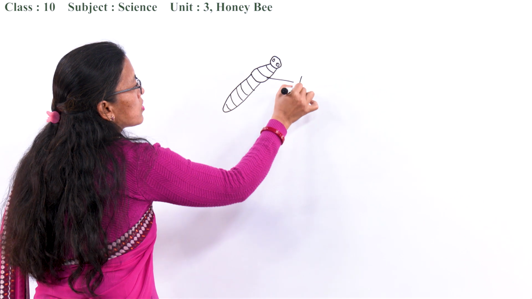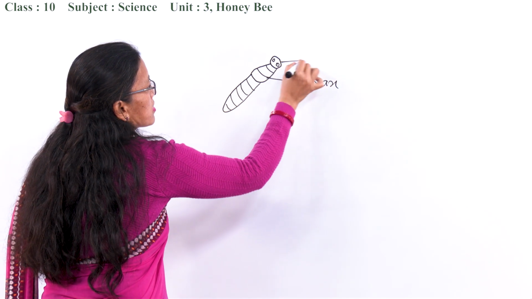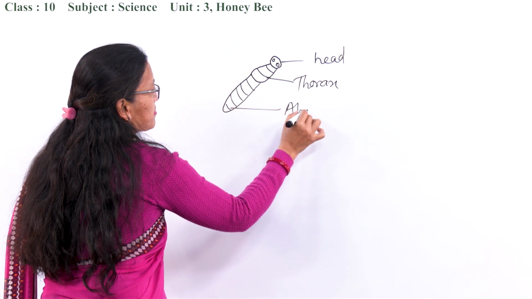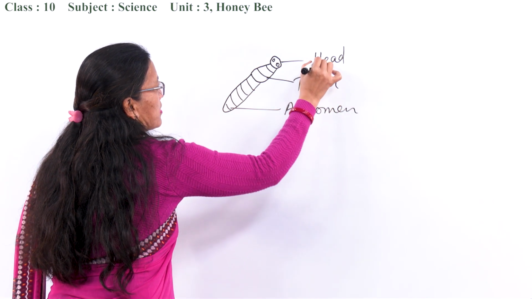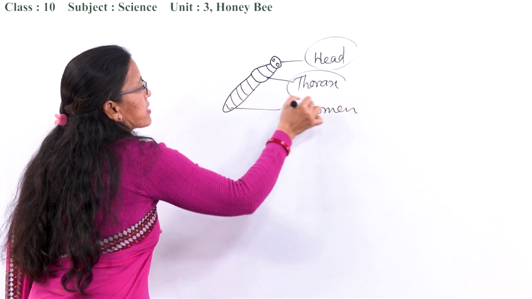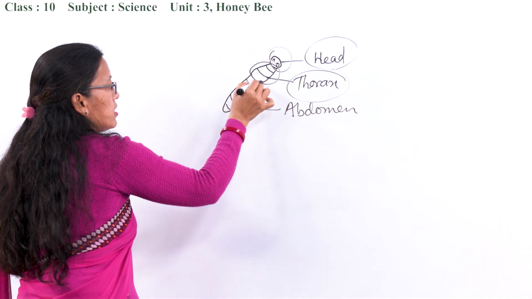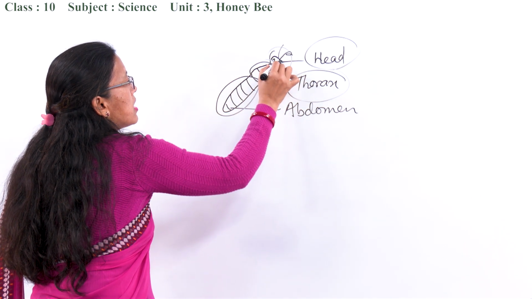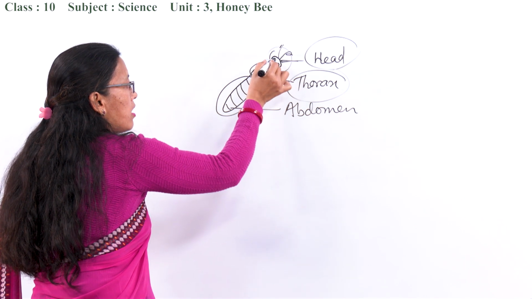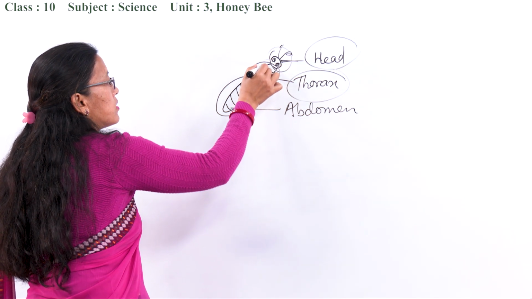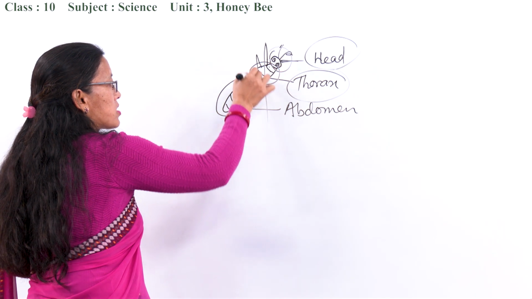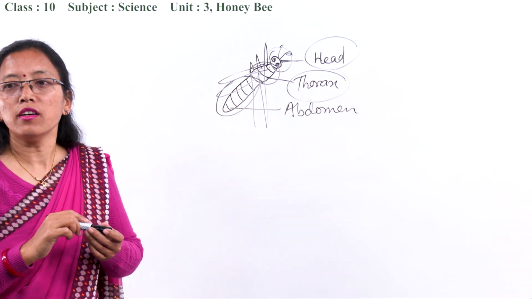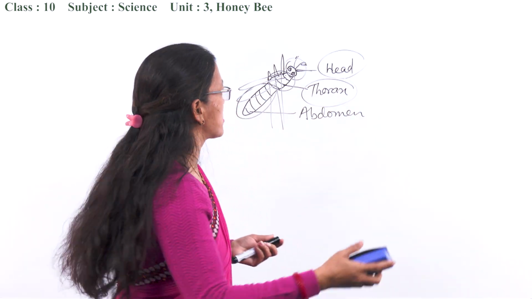This region is thorax, this is head, and this is abdomen. So there are mainly three parts: head region, thorax region and abdomen region. In the head region we can find different mouth parts, antennae, and compound eyes. In the thorax region there are 3 pairs of legs, one from each segment, and 2 pairs of wings. In this way we can divide the body of the honeybee into 3 parts.